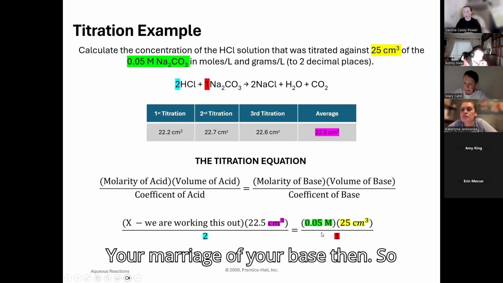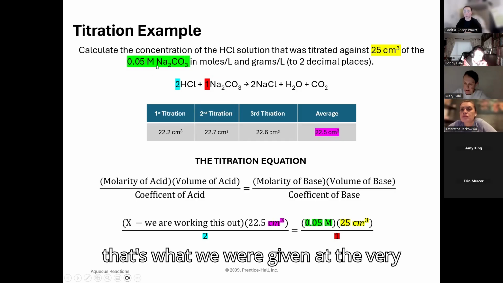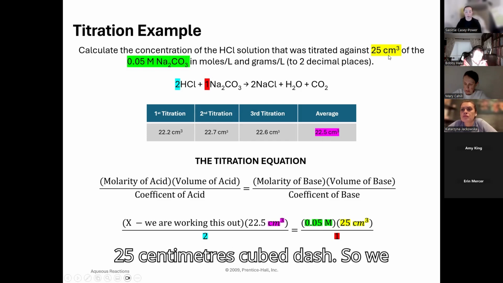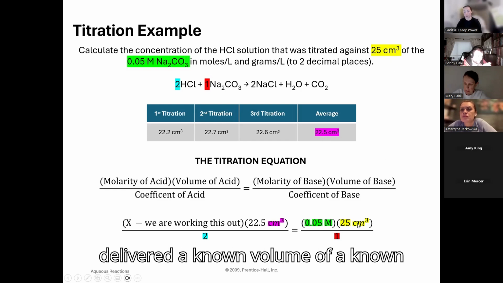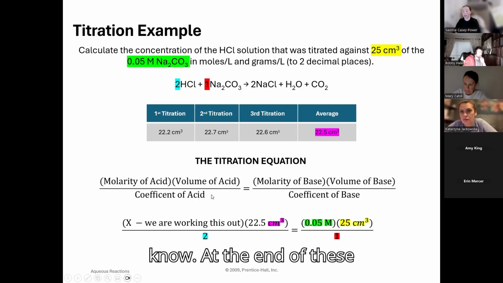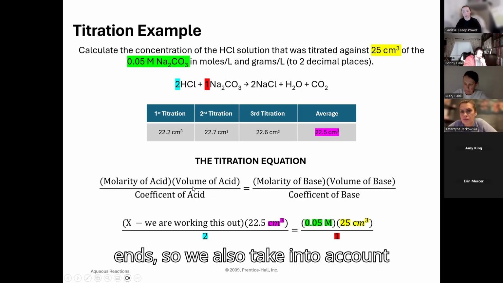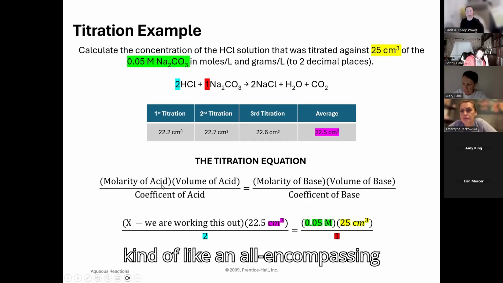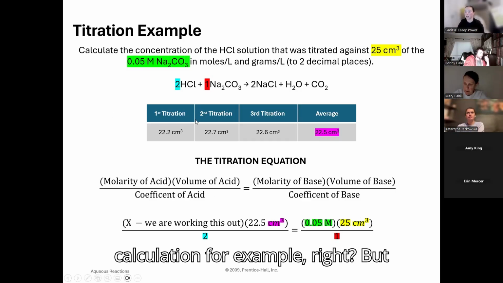Your molarity of your base then, so that's what we were given at the very start, so 0.05 molar. And we prepared 25 centimeters cubed of that. So we delivered a known volume of a known concentration here. So that's what we know. At the end of these then, we also take into account the balanced chemical equation. So this is kind of like an all-encompassing calculation, all right?